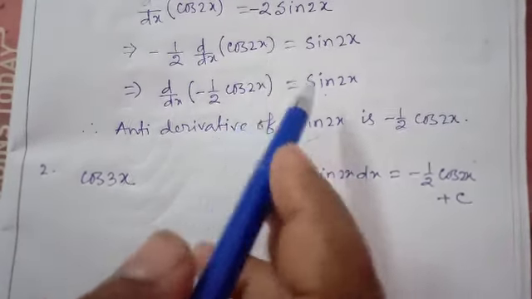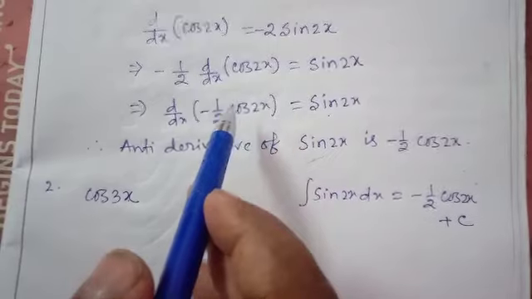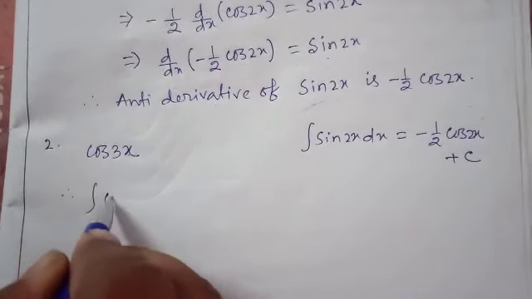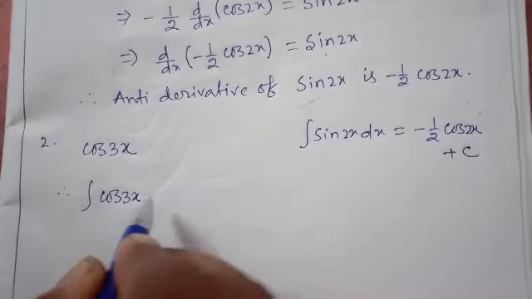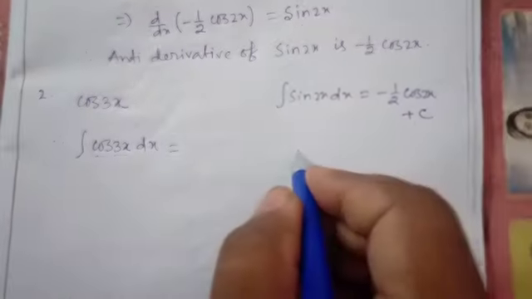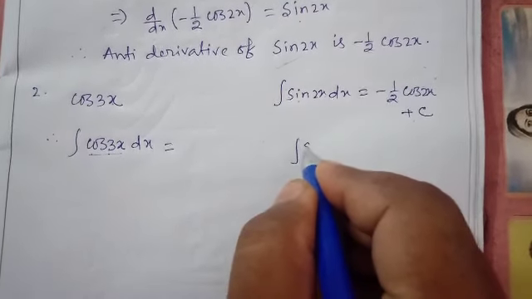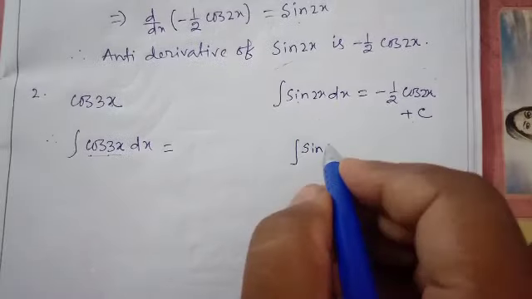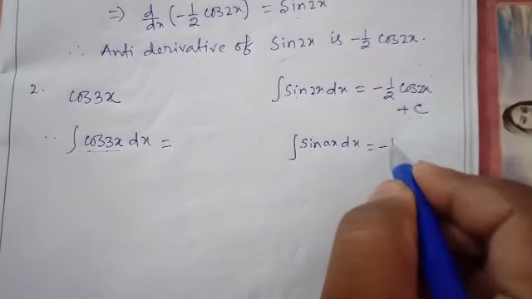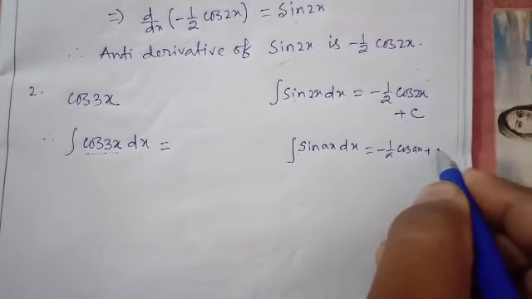Next one, we solve it using a formula. This kind of method of inspection sum will not come in your exam. So the integration of cos 3x dx, what is it? The general formula is that the integration of sin ax dx equals minus 1 by a cos ax plus c.